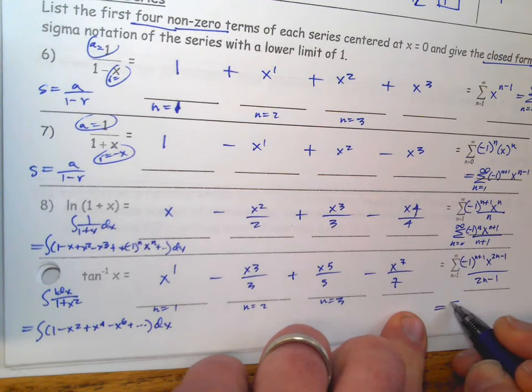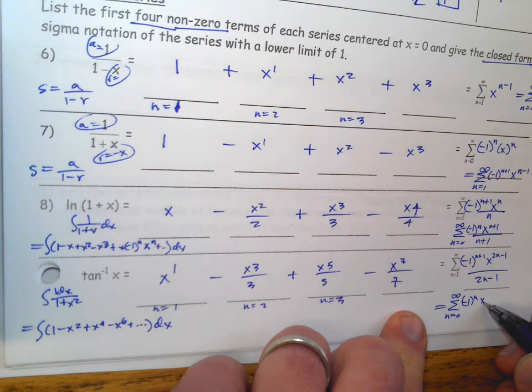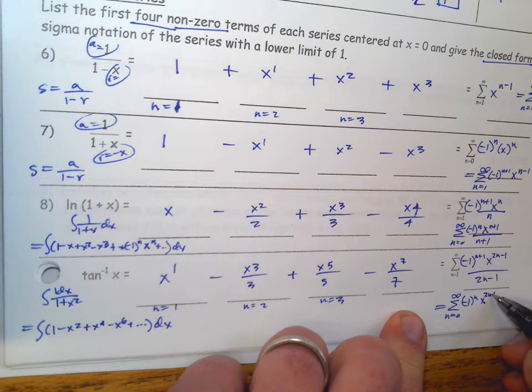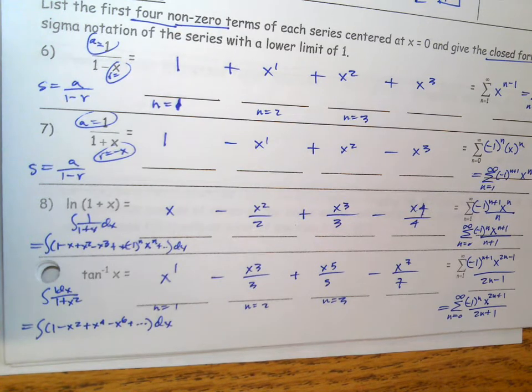Or if we were to start at 0, be negative 1 to the n, x to the 2n plus 1 over 2n plus 1. So you're going to have some of those or some other series that are closely related to the memorized ones.